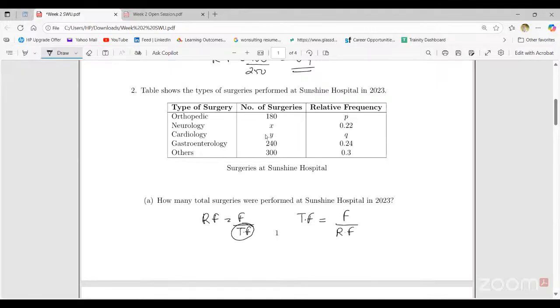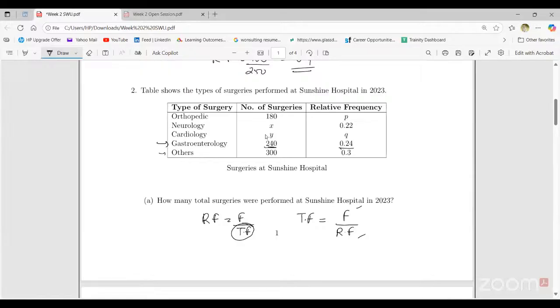From this table, we need to take a row in which we have both the frequency and the relative frequency. We can take either gastroenterology or others. In all the rest of the cases, we have either the relative frequency or the frequency, so we can't take these three. We can take only these two rows.